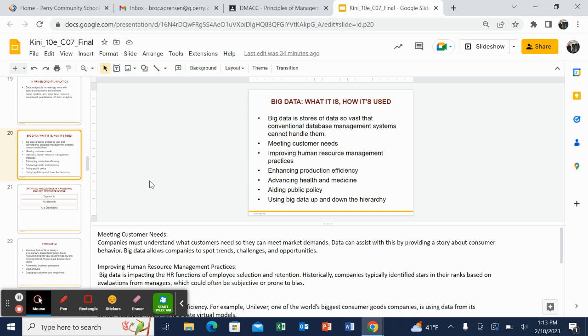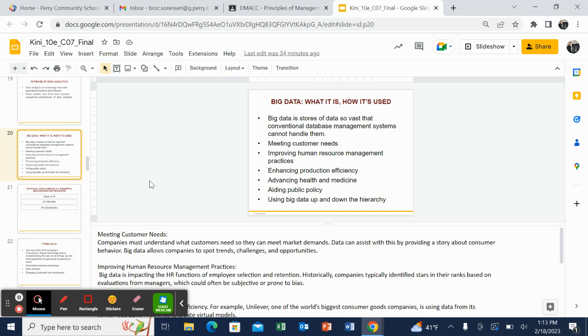It also aids in public policy, in terms of how politicians make their decisions, having information and data on some of the issues that face this country, and then using big data up and down the hierarchy.